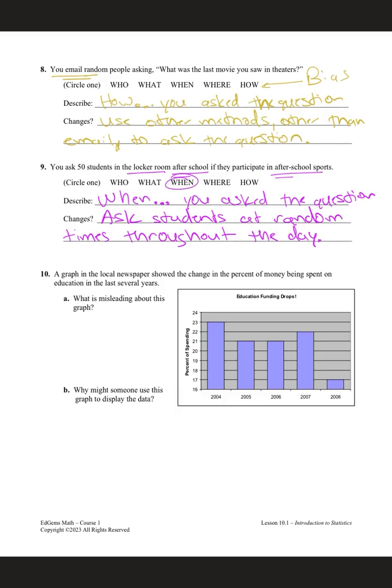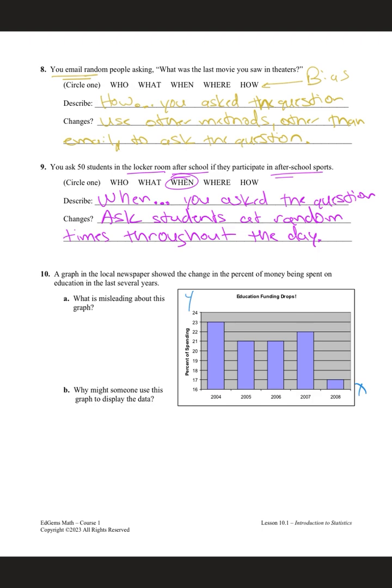On number 10, it says a graph in the local newspaper showed the change in the percent of money being spent on education in the last several years. It says education funding drops. Oh my gosh. Along the x-axis they show you the years, that's the time. And then along the y-axis, they show you the percentage of spending.